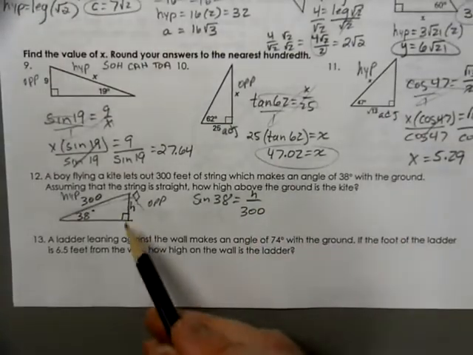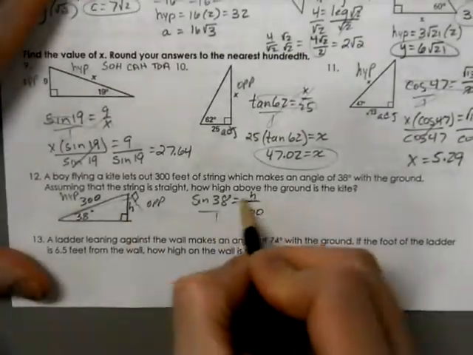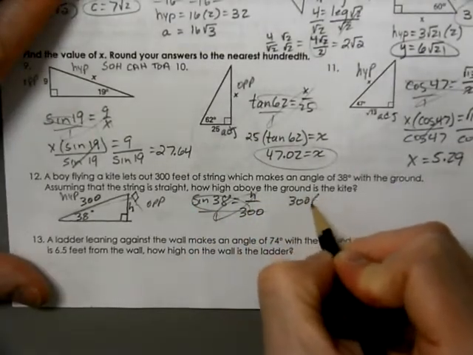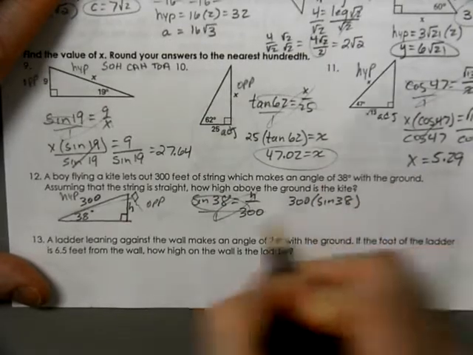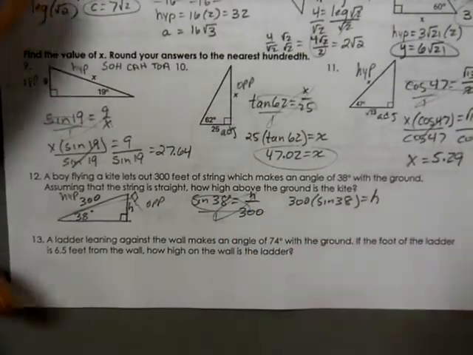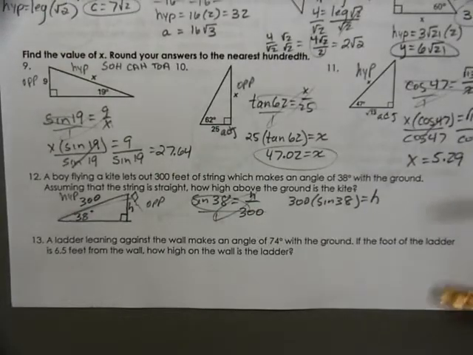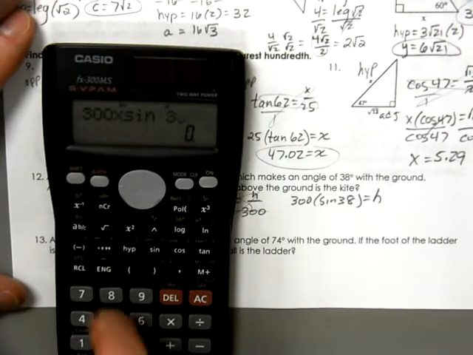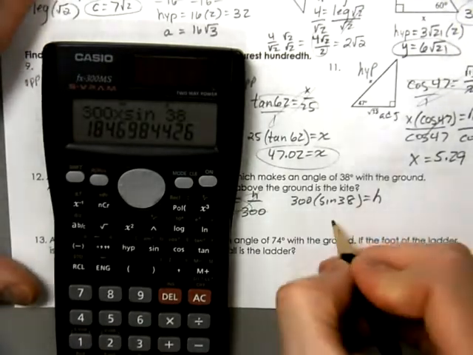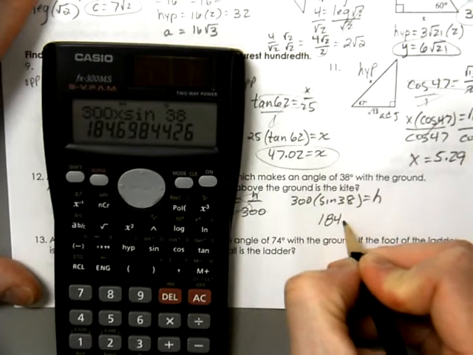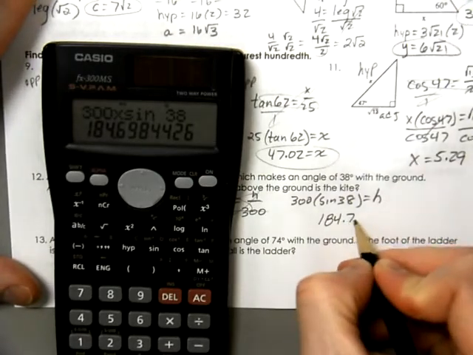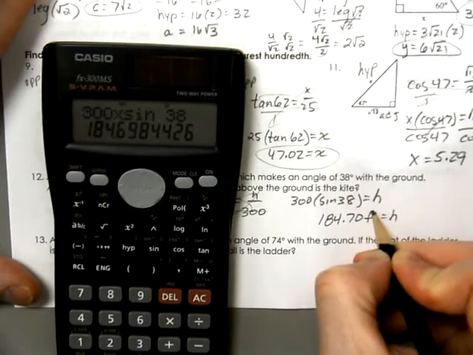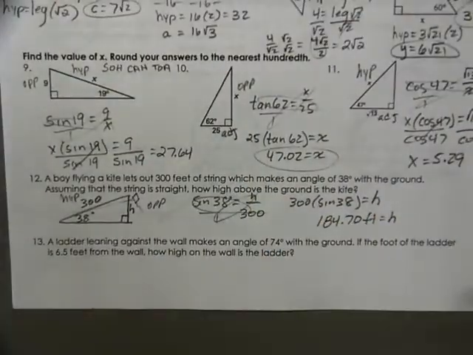The opposite is your height, so we place it over 1 and cross multiply. The 300 multiplies the sine of 38, and the 1 multiplies the h. So we take 300 times the sine of 38. It's 184.70 feet above the ground.